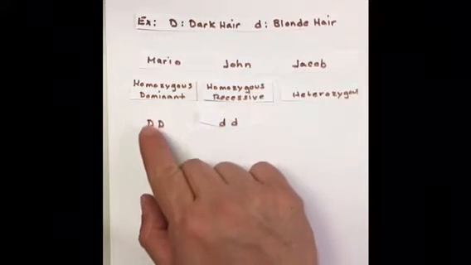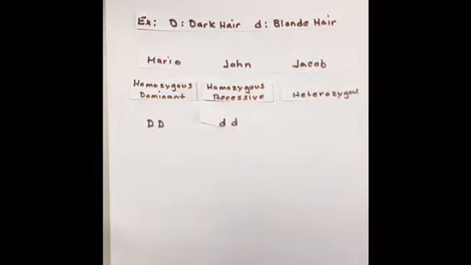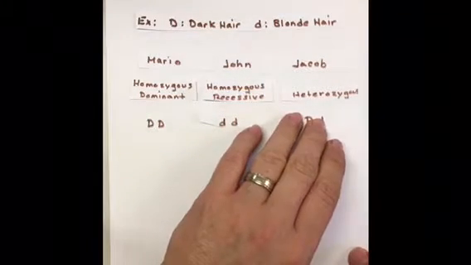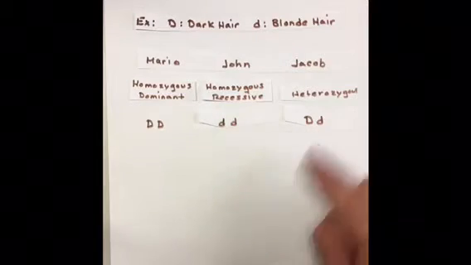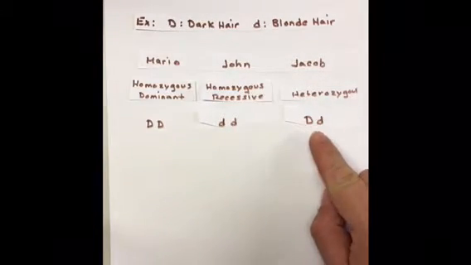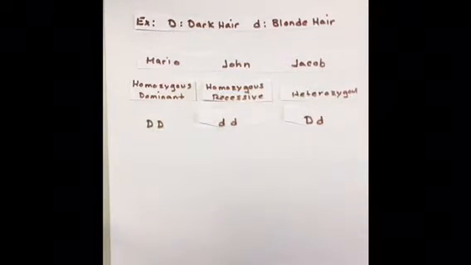And finally, let's say Jacob was heterozygous. Jacob would have two different versions of the same gene, one dominant, one recessive. That's what hetero means, different.